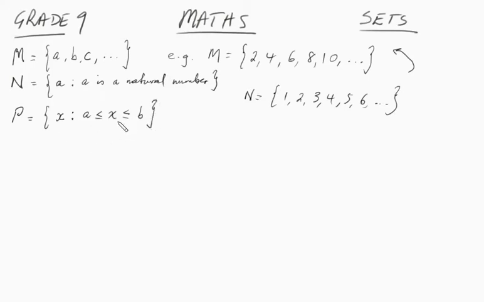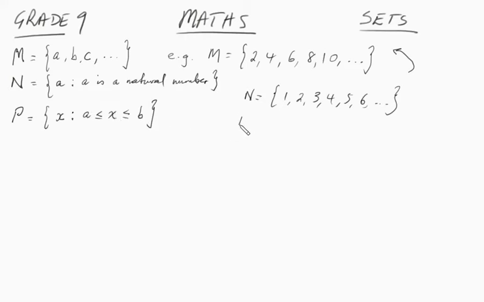This notation is actually comprising of an interval. So that means the elements of set P should be elements X. X stands for elements. Now, those elements should be between A and B. They should start from A and end at B. Those elements, X.